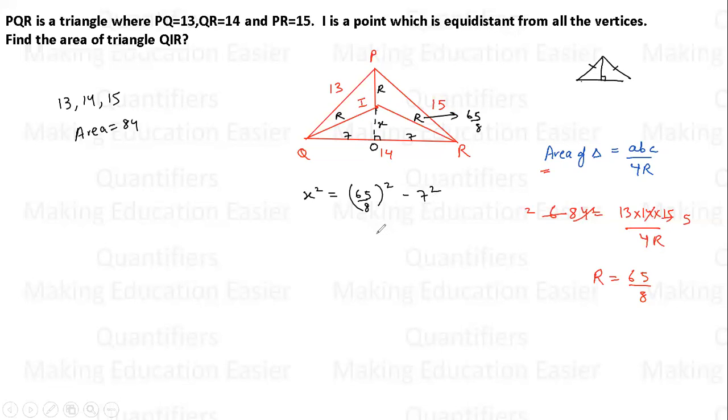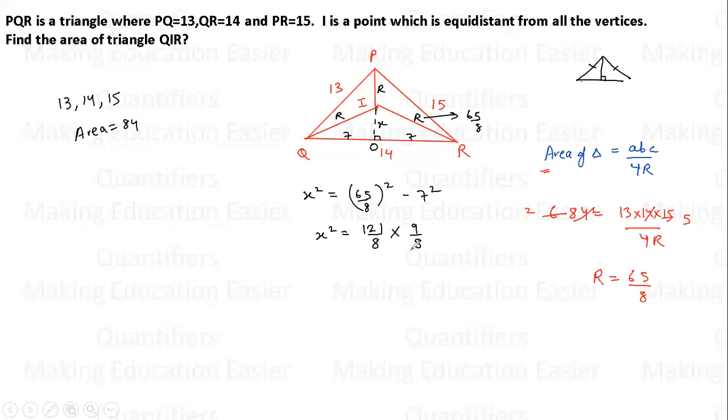Now students, here I would suggest it's better to apply the formula a plus b, a minus b, because this is a square minus b square. That will make it less calculative. So 65 by 8 plus 7 will be 121 by 8, that is a plus b, into a minus b, which is 65 by 8 minus 7, that is 9 by 8.